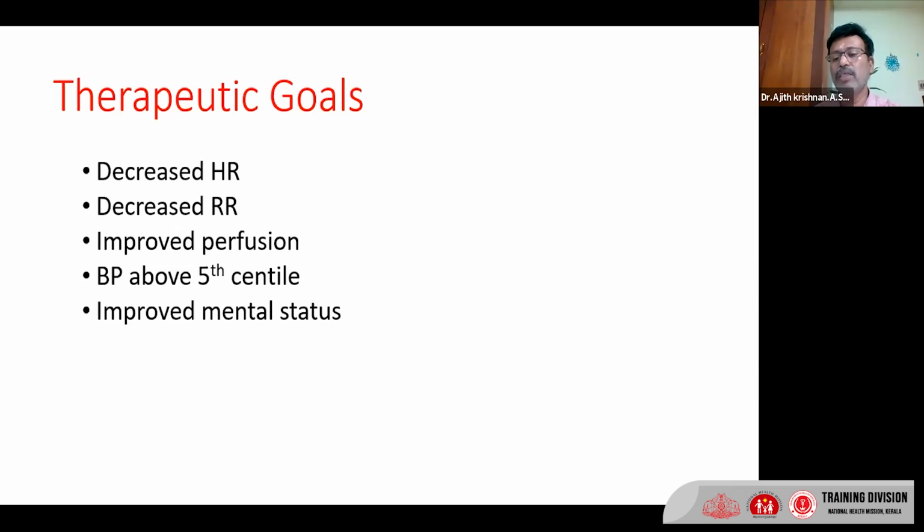You have to assess all these before and after, during the 5 minutes, 10 minutes, every time, what is happening. These are the therapeutic goals. Sometimes all the therapeutic goals may not be attained immediately; it will take some time. So you see whether 1 or 2 parameters of the therapeutic goals are being attained, and that shows that your treatment is working.